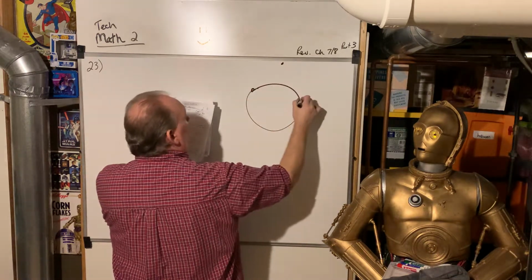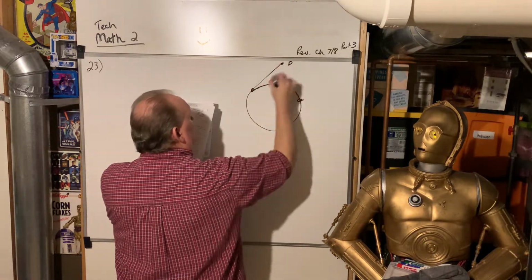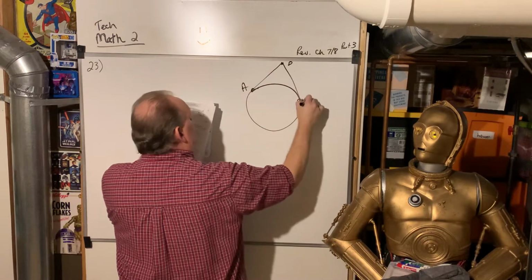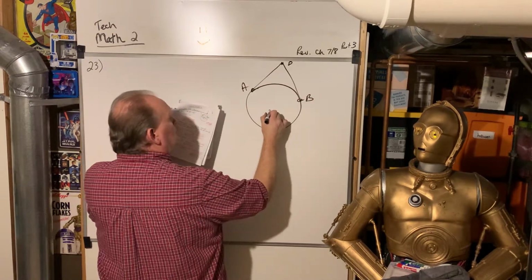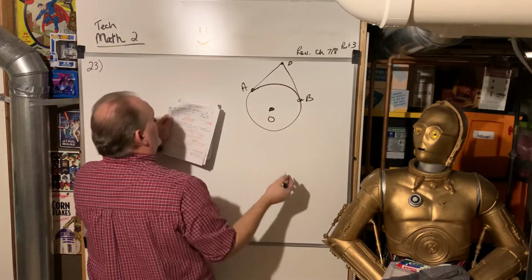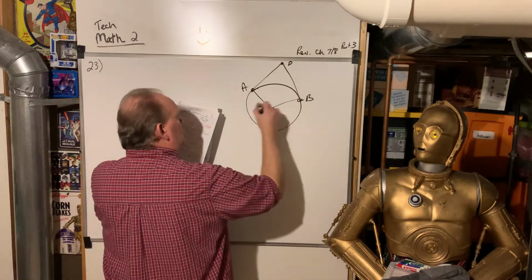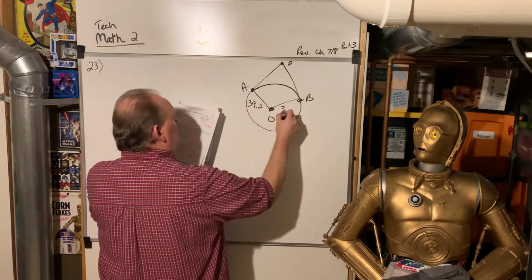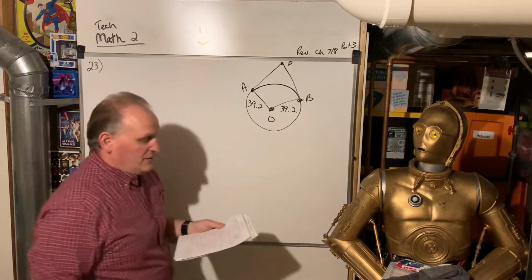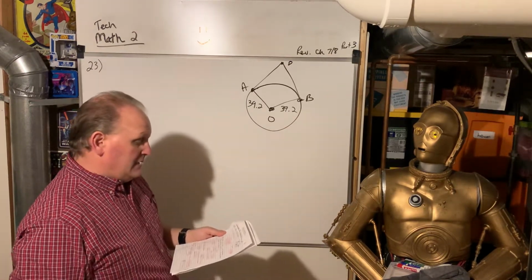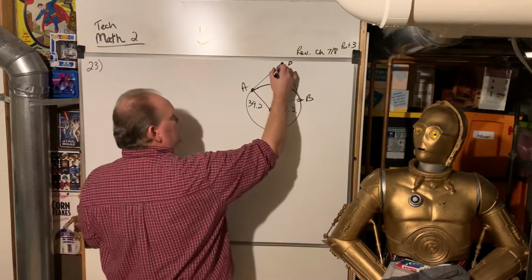We've got A, we've got B, we've got O, and 39.2 is given as the radius, and they told us the outside angle is 48 degrees.